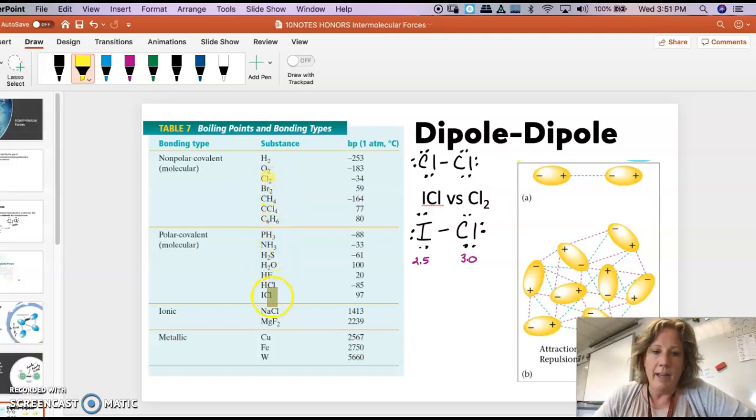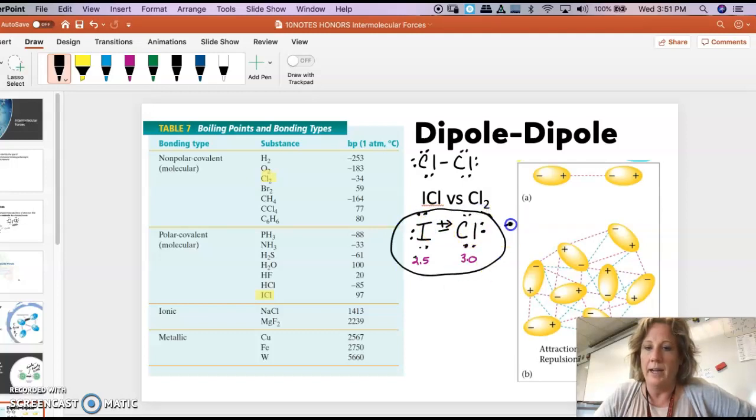Then if I compare that to ICl, which is an iodine with a chlorine, and I drew that here and showed you the electronegativity of chlorine is 3.0, iodine is 2.5, so it's a 0.5 difference. There's a permanent dipole towards the chlorine. If we drew a picture, it would be permanently negative over here and positive over here. Versus the chlorine, there's no dipole, no accumulation of charge.